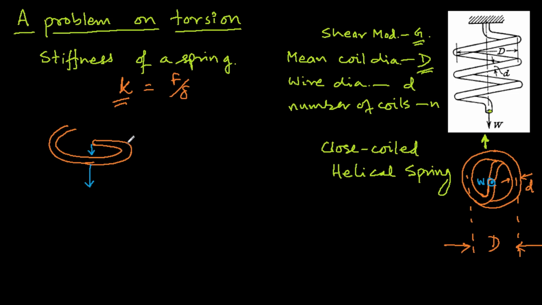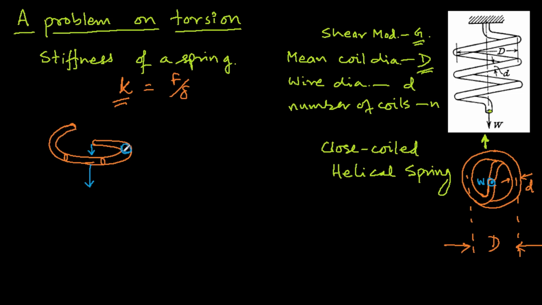Now, think about the cross section which is at this point. This is the helical portion. So here also it's like a circle. So basically these are circles everywhere.